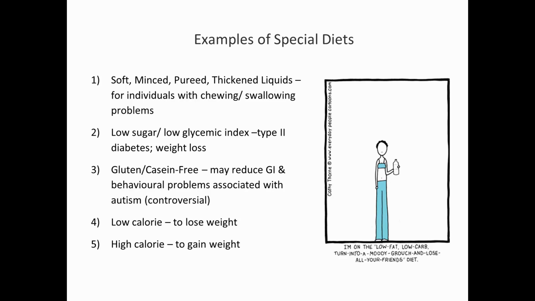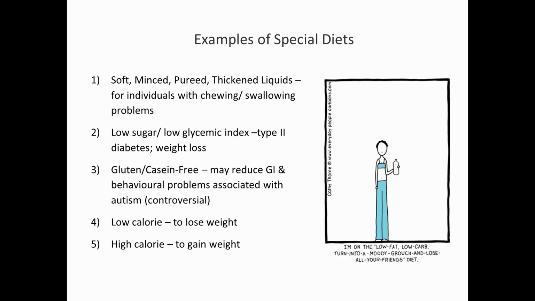The gluten casein-free diet is a particular diet, so for example, kids that are on the autism spectrum may have certain behavioral problems that seem to be better if they don't consume gluten, which is a protein found in wheat, or casein, which is a protein found in dairy.